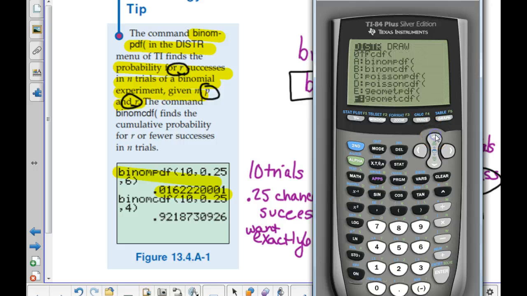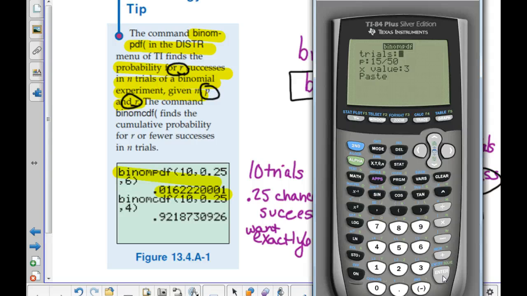You want to arrow up or down all the way to the one that says Binom PDF. PDF and CDF are very different. C is a cumulative probability. That's what we're going to use when it says like 3 or fewer wins or something like that. PDF means exactly. So we're going to pick PDF.